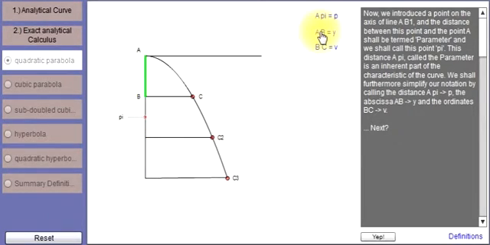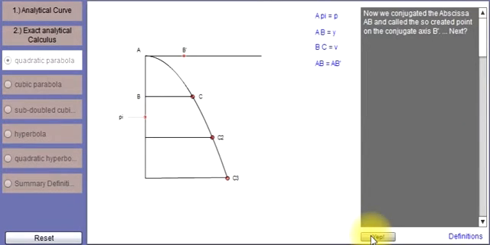He further defined the distance AB, which he termed y, and nowadays this is reflecting the abscissa. And he also defined the distance BC, which is the ordinate of a point C in this case. And he also introduced some quantity in terms of the conjugated abscissa.